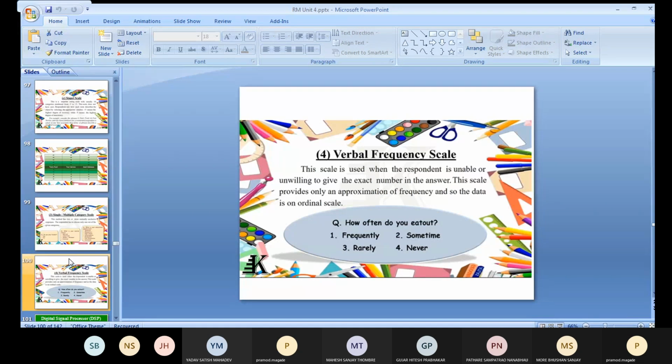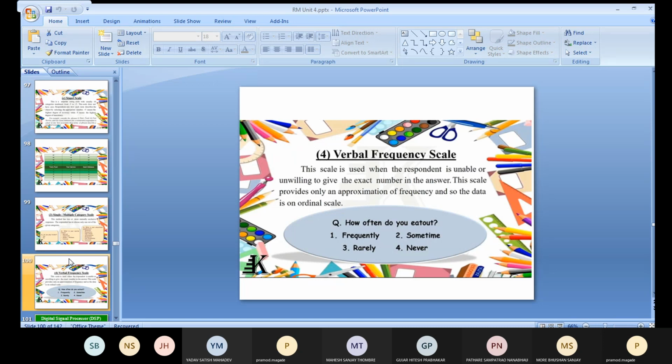Frequently, sometimes, rarely. Rarely means rarely, and frequently means many times we have to go. I cannot say daily I am going, so that is not at all possible. So the options can be frequently, sometimes, rarely, never. Depends individual wise. Correct. So that we call a verbal frequency scale.